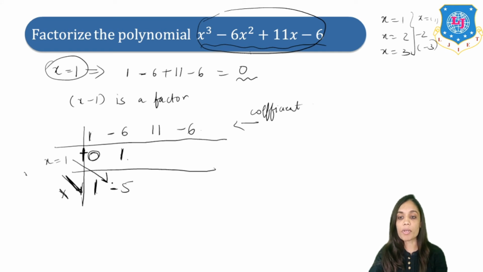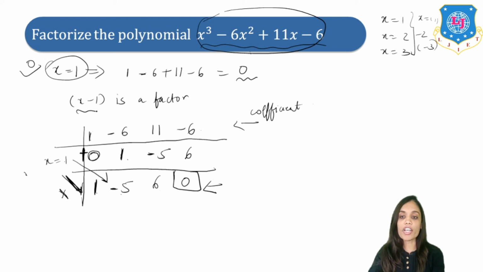If I am at this place, I have to multiply. So 1 into -5, -5. Again add these two, so 6. 1 into 6 will give us answer as 6. Again add these two, so answer will be 0. Here you should get answer 0. Then only our first factor is correct. Otherwise you have to go for other values, right?